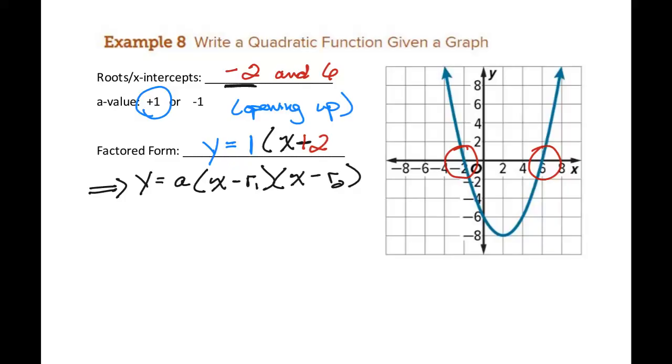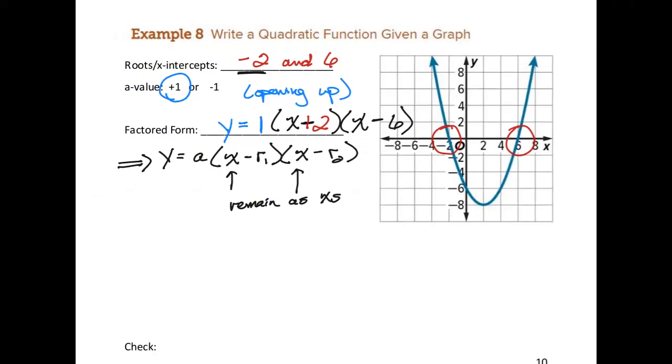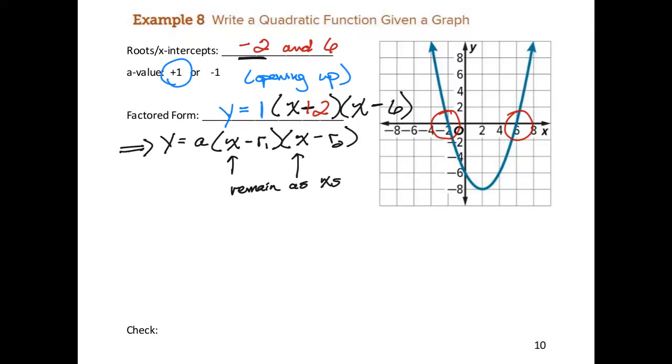It's kind of like opposite when you are writing down these roots. And for the other one, second set of parentheses, x. So the x's are always going to remain as x's. It's the roots that change, okay? And here, my root is 6, so it is x minus 6. And that is your factored form.